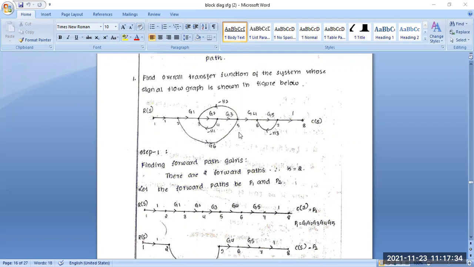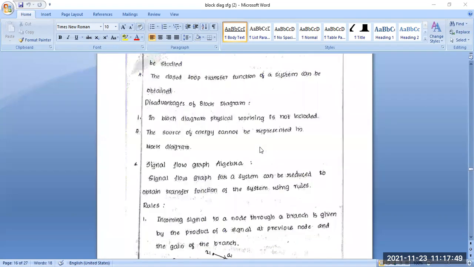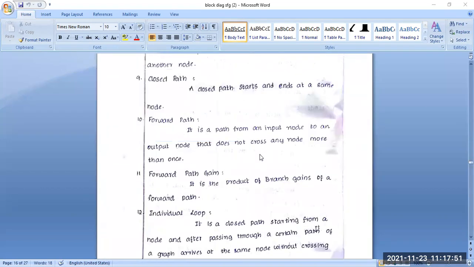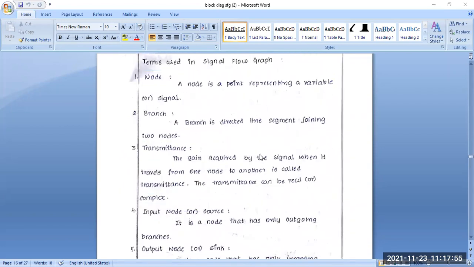Please everyone remember this diagram, because it helps us discuss the different terms in this method. First we have to know what a node is. A node is a point which is a starting point, or where anything is represented graphically. It represents a variable or any signal.